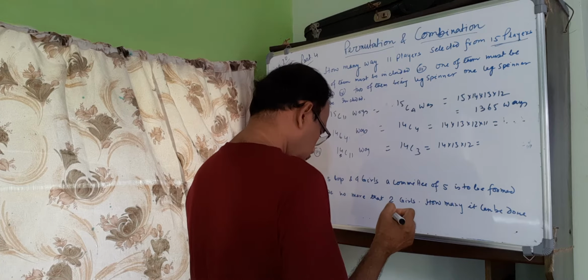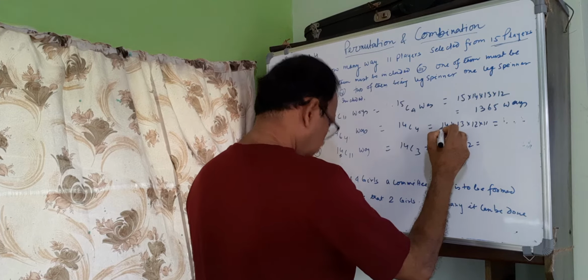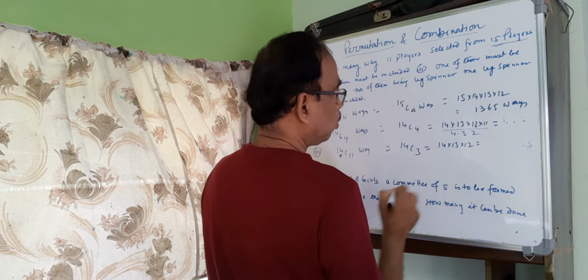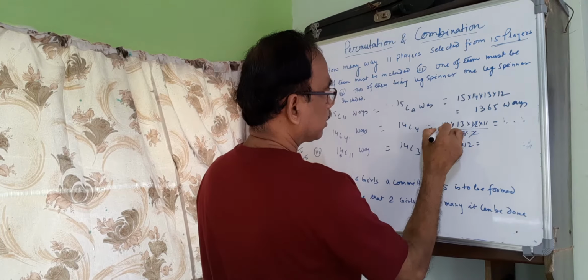14C4 means this divided by 4 into 3 into 2. 4 threes are 12. It is 7.